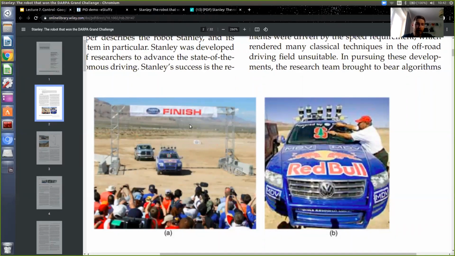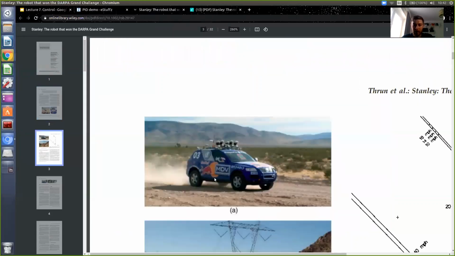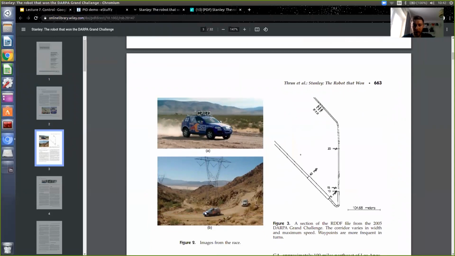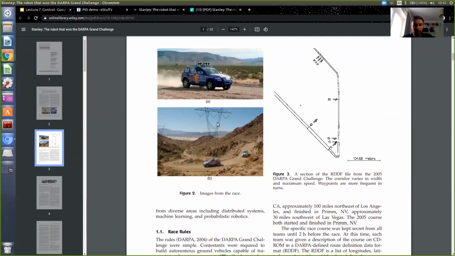But a year later, in 2005, there were already many teams able to travel through the desert on autonomous cars. There was a test track like this, and Stanley was the winner, and it became really famous. And the Stanford team is still working on autonomous cars.